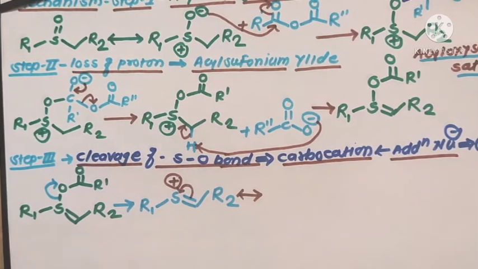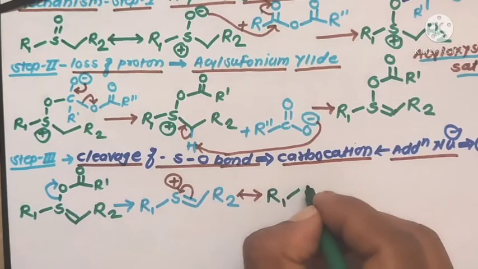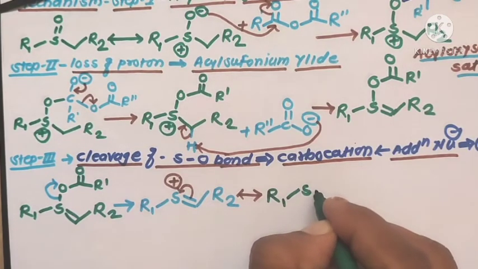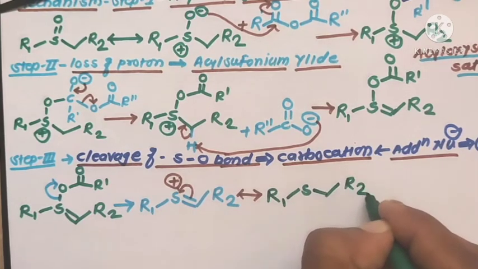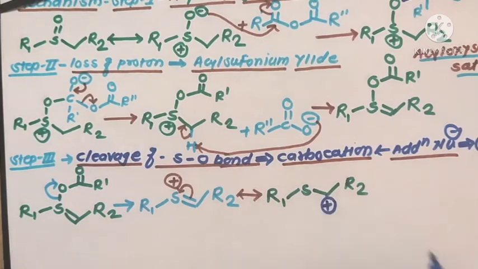There is formation of the more stable carbocation, like R1 S, R2, with displacement of positive charge, forming a positive center.